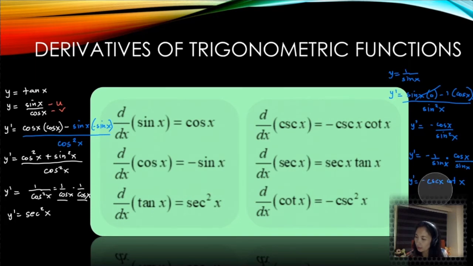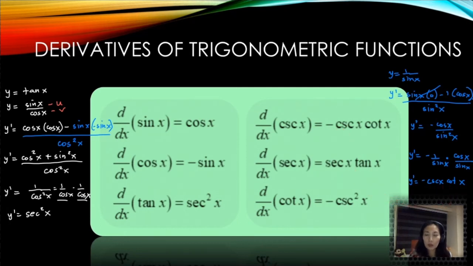See that? Compare it. So that's how we could verify or prove that the derivative of cosecant x is really negative cosecant x cotangent x.